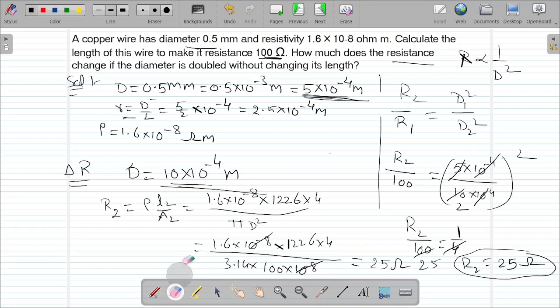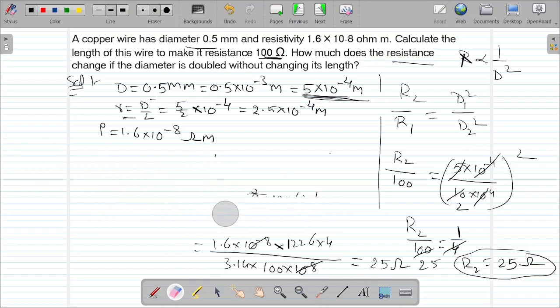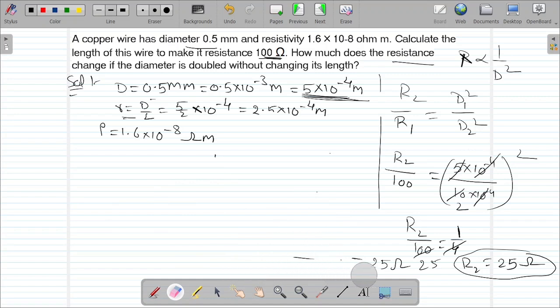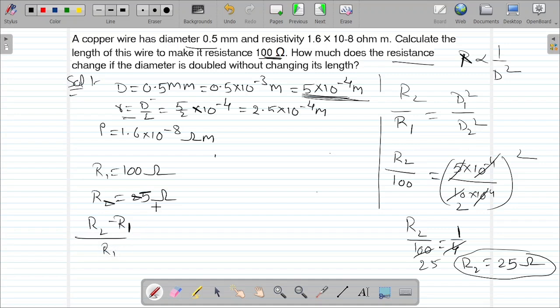If you want to find the percentage, what is the change in percentage? So initially what is the resistance? R1 is 100 ohms. Now R2 what we got? 25 ohms. That means there is a change in resistance, right? So what percentage? R2 minus R1 by R1 into 100.